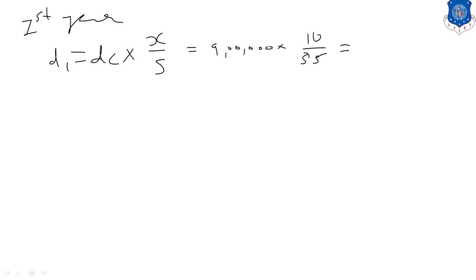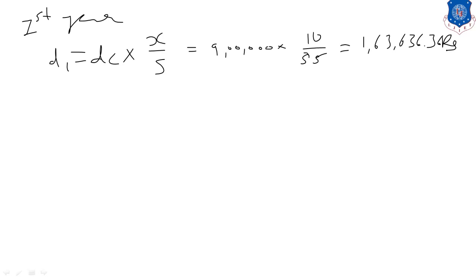So D1 becomes 1,63,636.36 rupees. This is the depreciation amount for the first year.